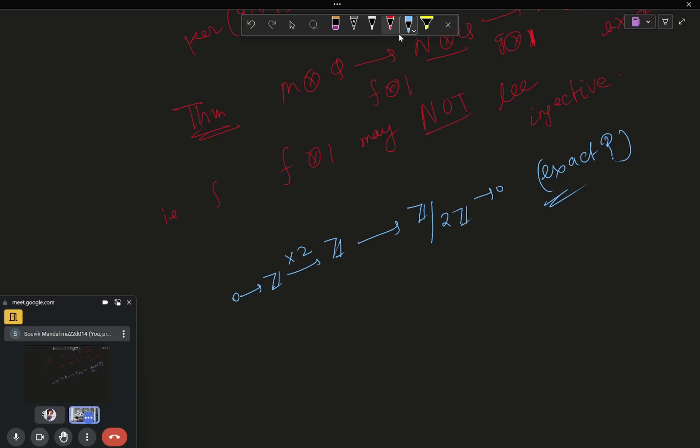What you said just now? I said that, as told earlier, if we start with 0 and show that the first map is injective, then we can say that this is exact. Exactness means the first map is injective or not. So is Z multiplied by 2 injective or not?